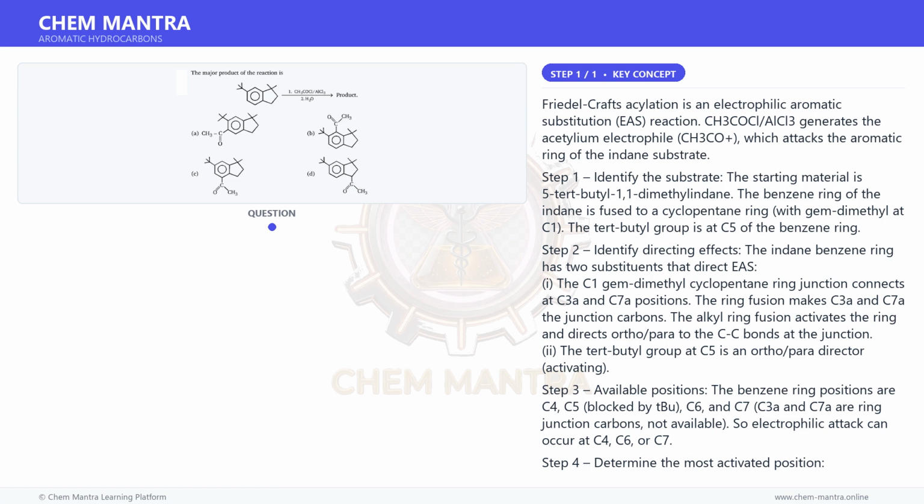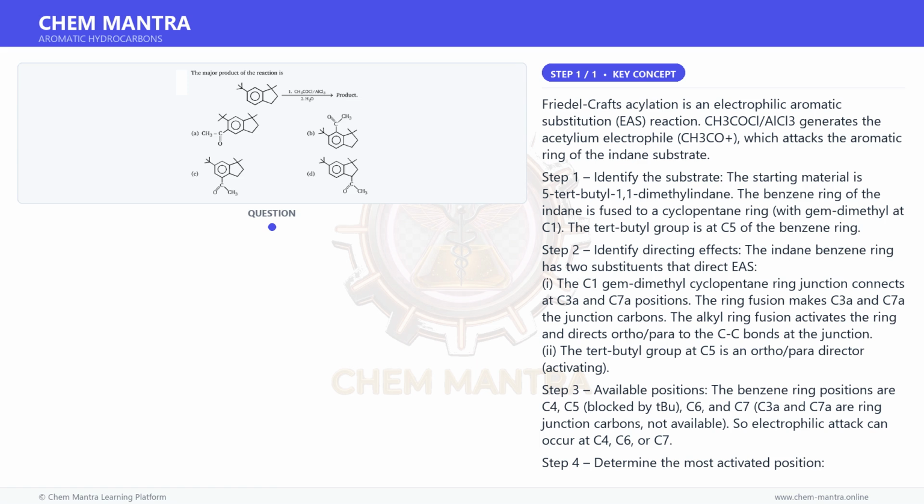Step 3. Available positions. The benzene ring positions are C4, C5, blocked by tert-butyl, C6 and C7. C3A and C7A are ring junction carbons, not available. So electrophilic attack can occur at C4, C6 or C7. Step 4. Determine the most activated position.